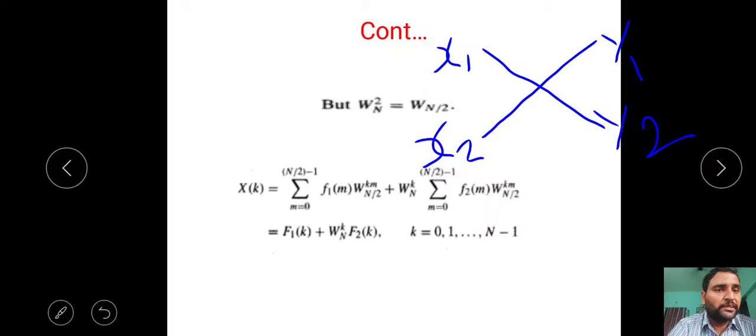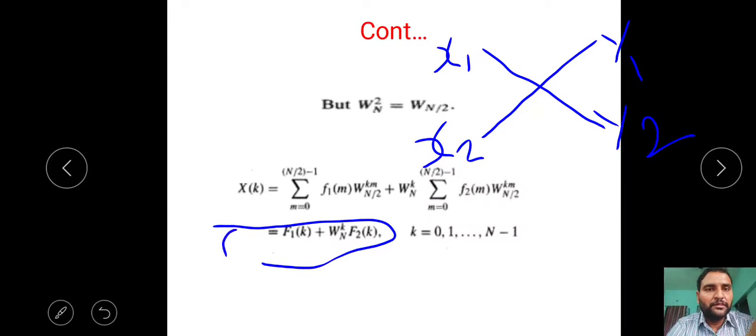That means this butterfly will realize this equation. Is it clear? The butterfly diagram majorly depends on this equation, X of k, that means f1 of k plus W_N^k f2 of k, where we consider x1 is f1 and x2 is f2. Then take this type of symbol, and the up arrow is called the twiddle factor, W_N^k.